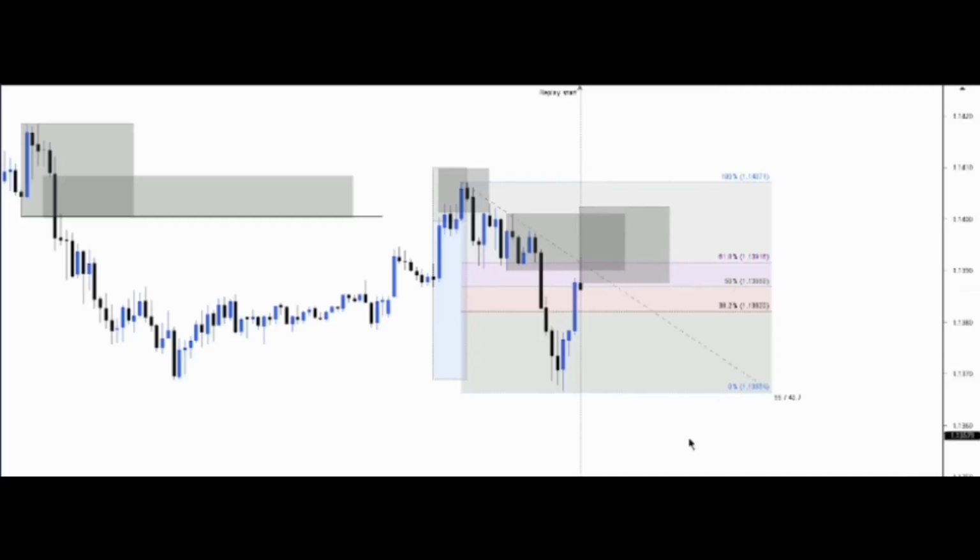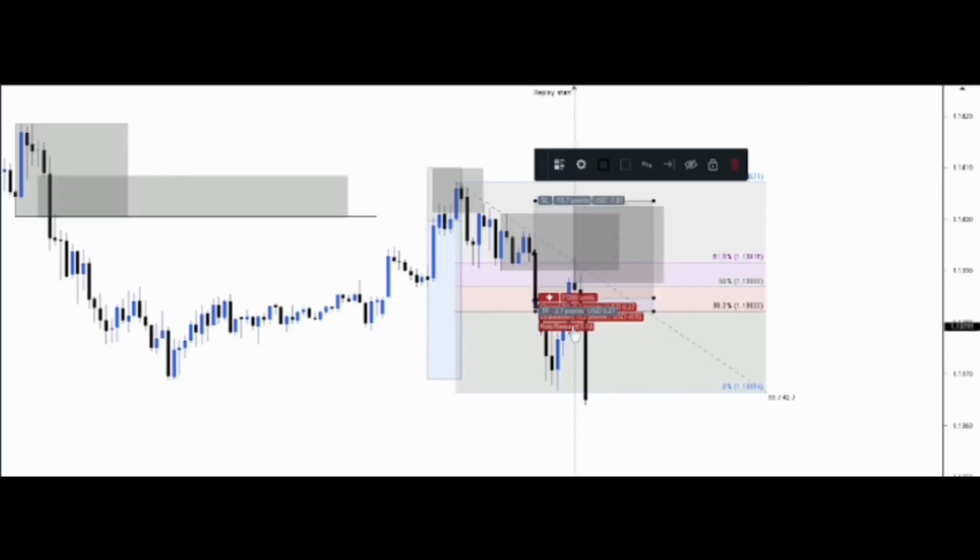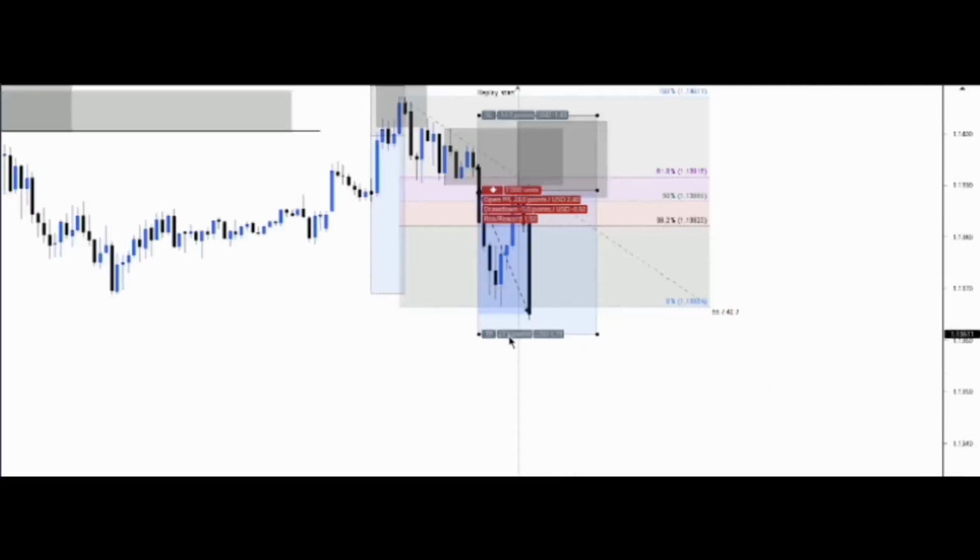So if we enter the market there, let's continue to play price. Okay, so sorry, let's frame the trade. So we want to sell, our stop loss above here, just like so, and our TP.